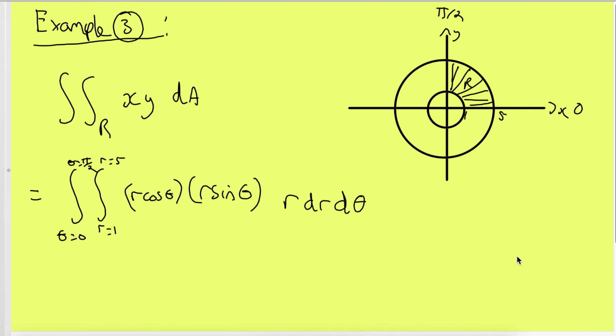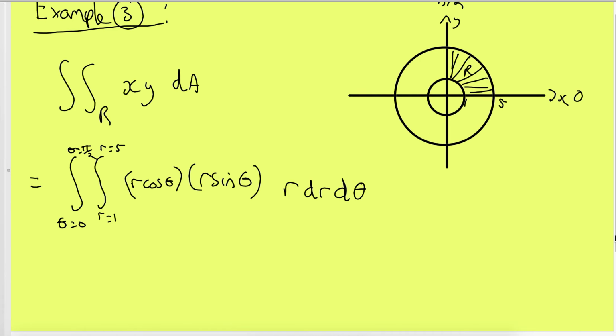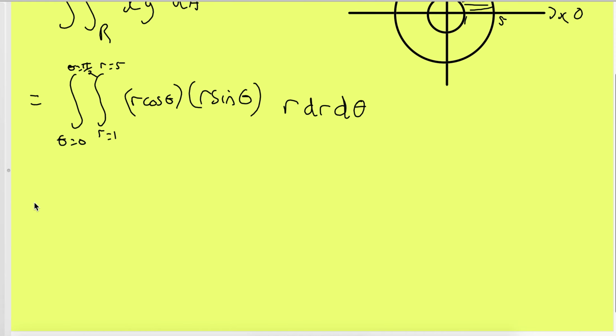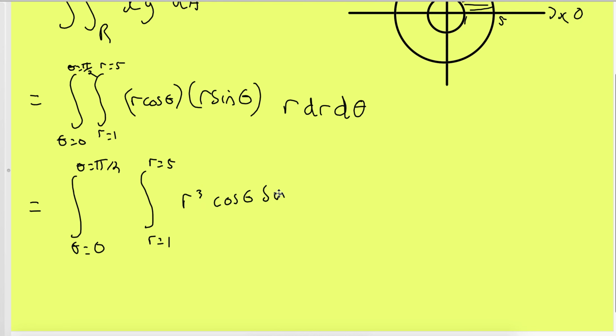So I think this is very similar to that example we did at the start. But anyway, right, so that's going to be r cubed cos theta sin theta dr d theta.